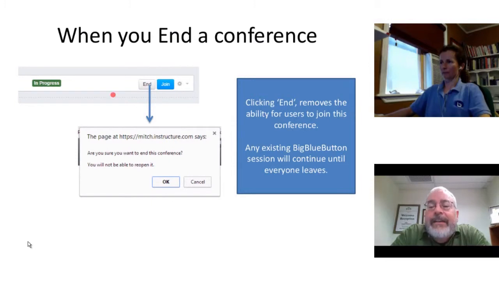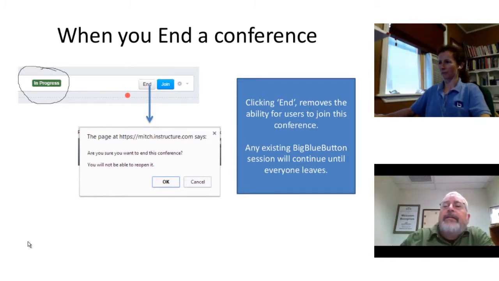It will show in progress. It will always show in progress. That simply means that the door is unlocked. Any student or any member of the course can go into that room at any time and go into a BigBlueButton conference. So it shows in progress even though there may not be any active session running. It just means that the door is open.